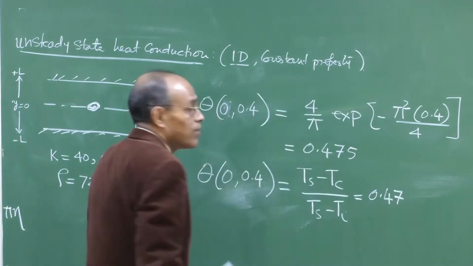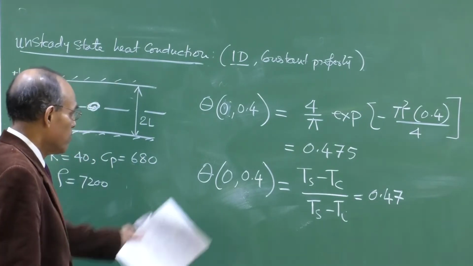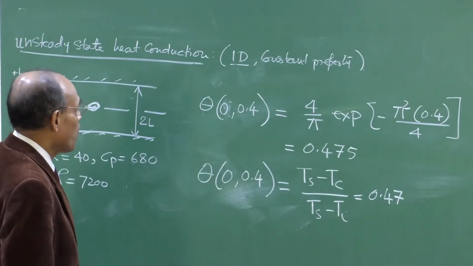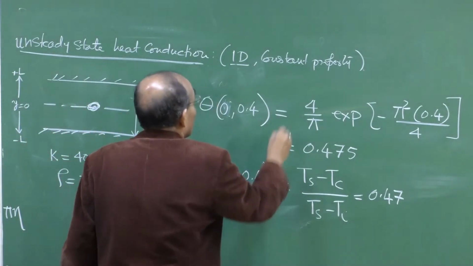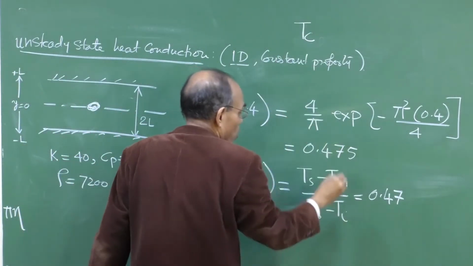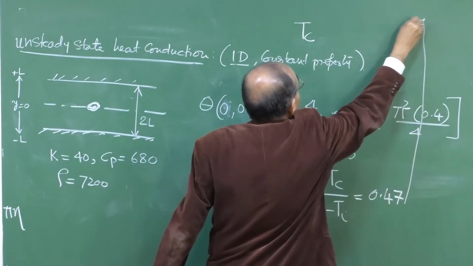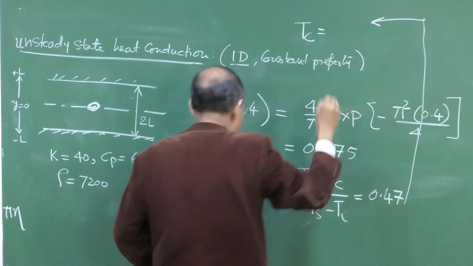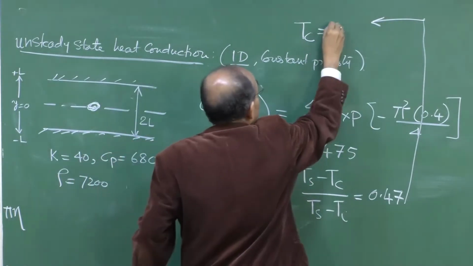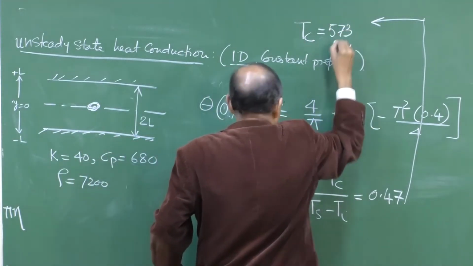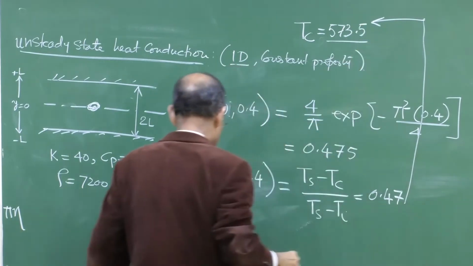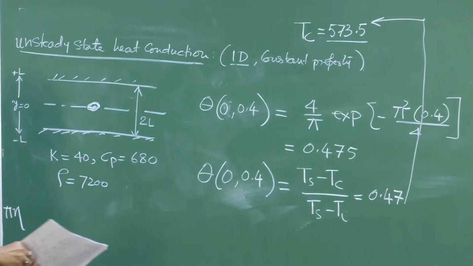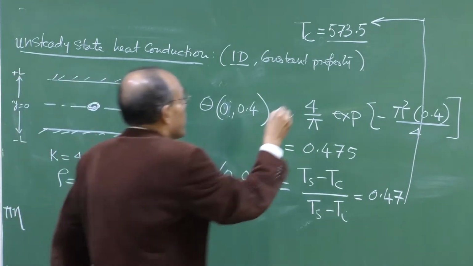So, therefore, now we can calculate the center point temperature very easily, and that center point temperature comes out to be Tc. By solving this equation, we will see that Tc comes out to be 573.5 degree centigrade.